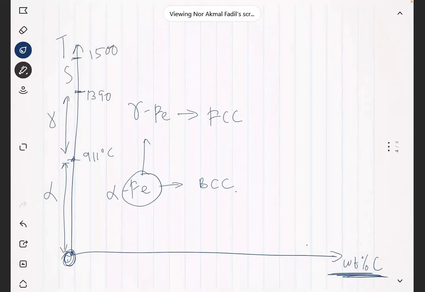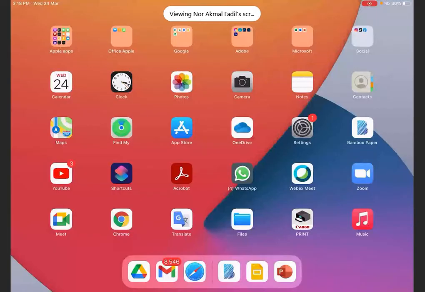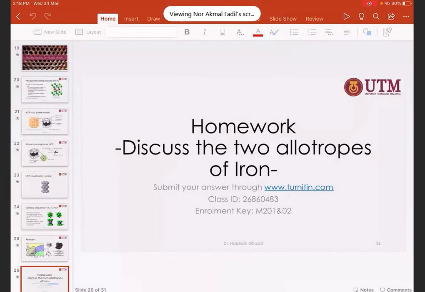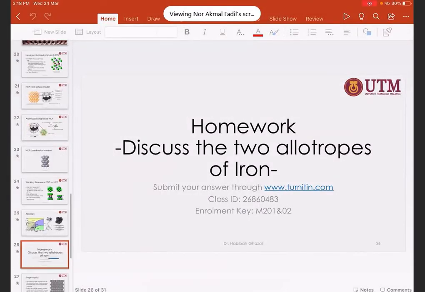So for this structure, it will change into delta iron. It is still pure iron, but it has BCC structure. And then above 1500 something, it will become liquid. So this is allotropy. It will change its structure based on the temperature. So this is actually the answer for this homework.